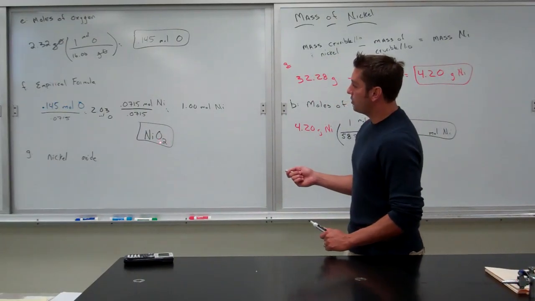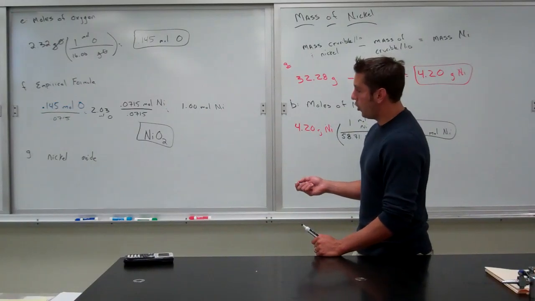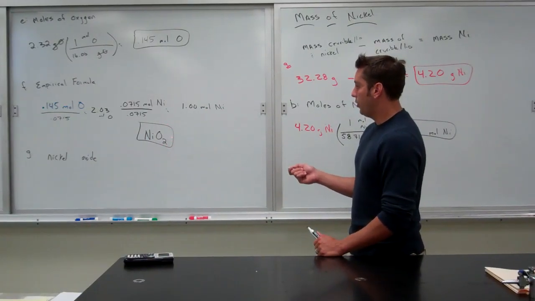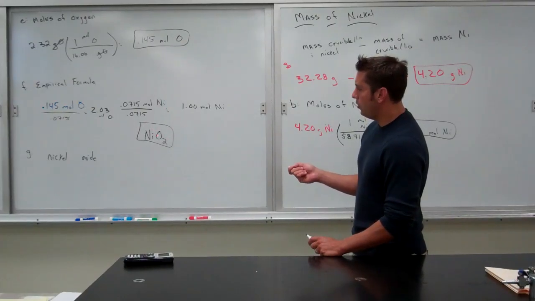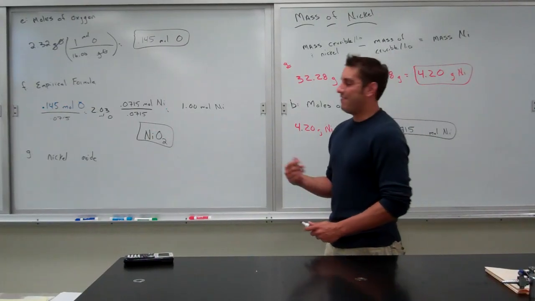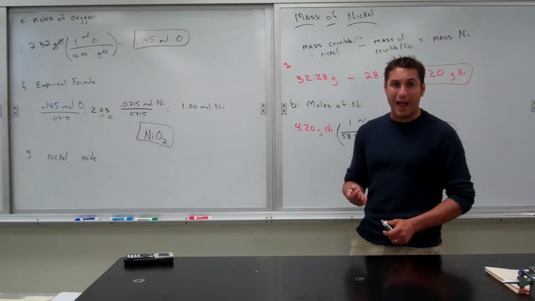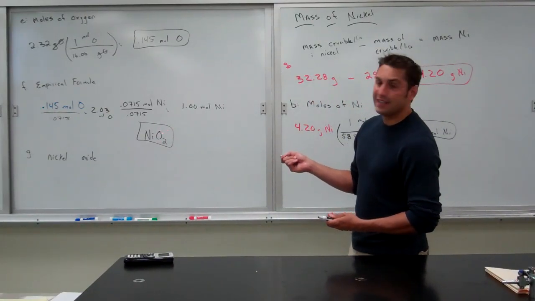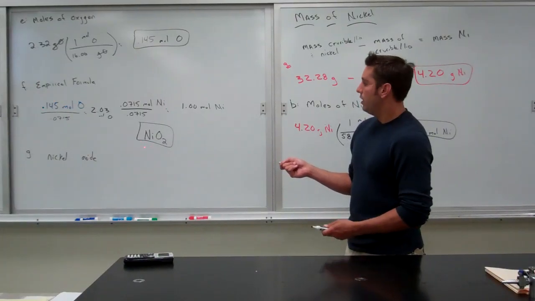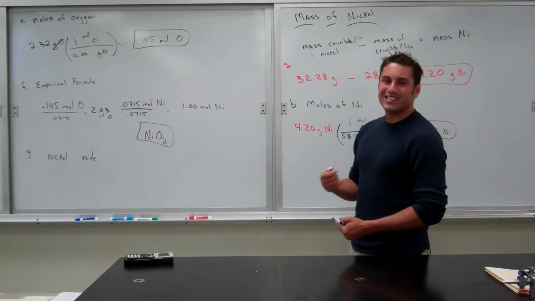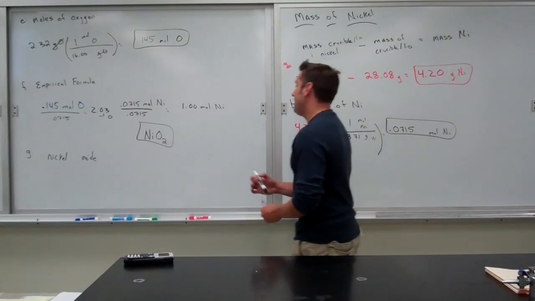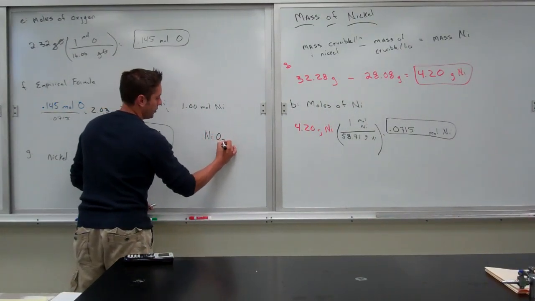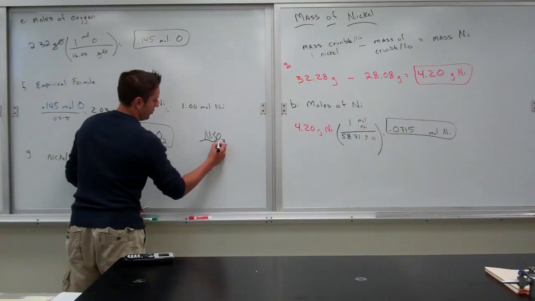So we need to figure out the Roman numeral for this. And the first thing we always try to do is uncross the charges. So if we uncross them, it puts a 2 on nickel and a 1 on oxygen. If that makes the charge on O correct, you're done. However, O is a -2, and when we uncross it, it says that it should be a 1. That means we have to break the compound down. So NiO2, break it in the middle.